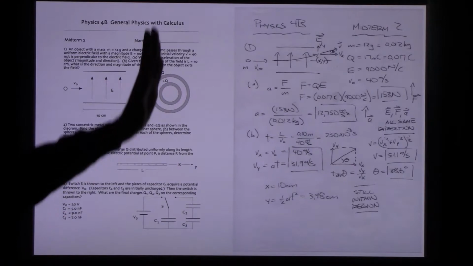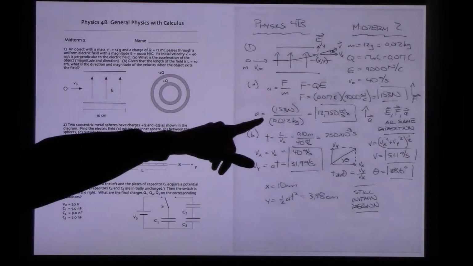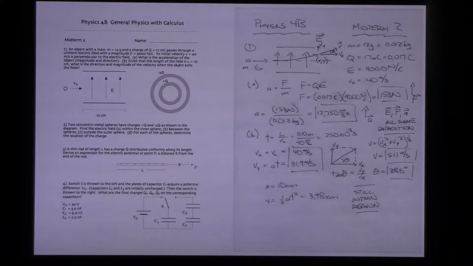The vector direction is positive Y. When we divide through by the 0.012 kilograms, we get this really large acceleration. It's a fairly good-sized force for such a small mass object. So 12,750 meters per second squared, and yes, we can get these really high accelerations in these electric force problems.